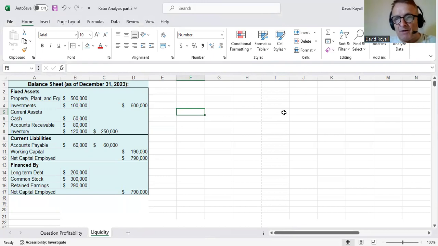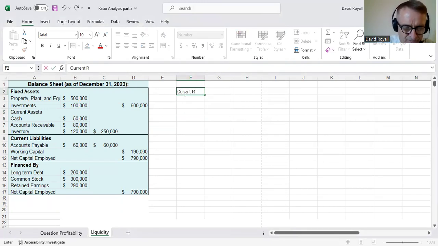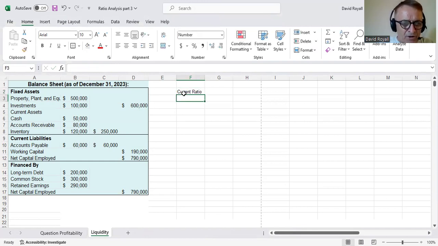But let's start with the most obvious liquidity measure, and nearly all the textbooks start with this one, and that is to look at what's called the current ratio. Well, the current ratio will be current assets divided by current liabilities. Nice and straightforward.